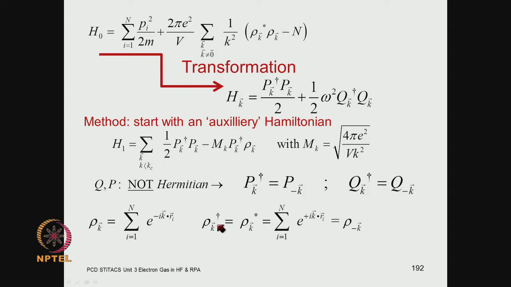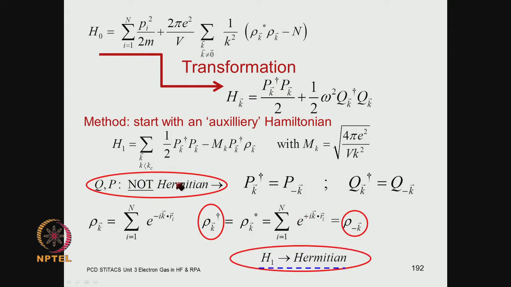What about rho k adjoint? This adjoint is nothing but the complex conjugate of the Fourier component of the charge density, which becomes this summation, but now you have got e to the plus i k dot Ri, and this will now be equal to rho of minus k. Okay? So, q and p are not Hermitian.